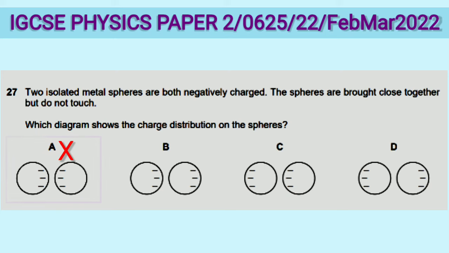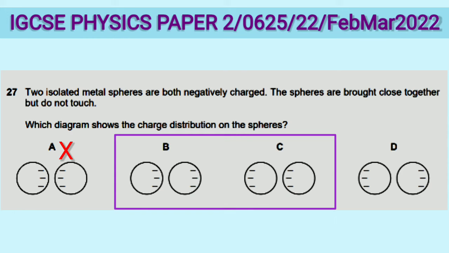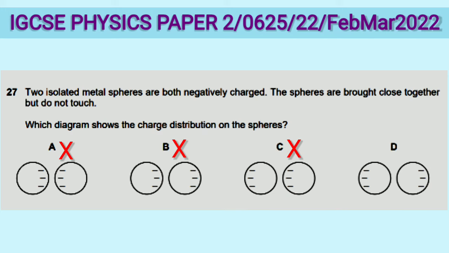So option A is incorrect. In option B and C, negative charge from one sphere has moved away and from other sphere it hasn't moved away or repelled. Negative charges from both spheres should have repelled. So option B and C are also incorrect. In option D, negative charges have repelled each other. So option D is the correct answer.